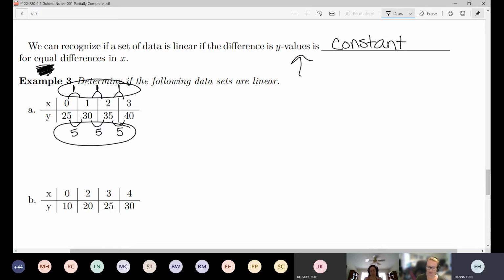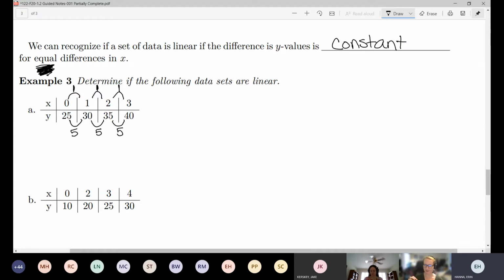Like this statement up here, it pretty much just flows straight out from looking at it. The differences in y is constant for these equal differences in x. But that's not always going to happen. These aren't always going to agree, but we're still going to need to be able to figure out whether or not it's linear.